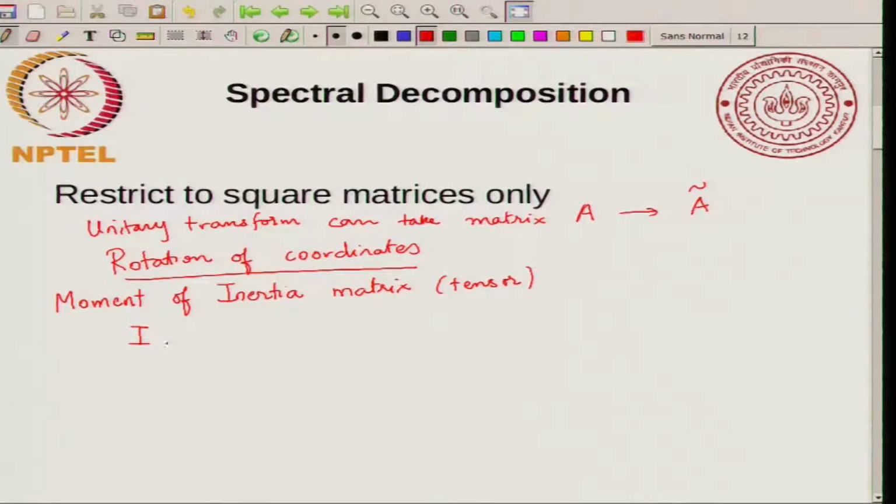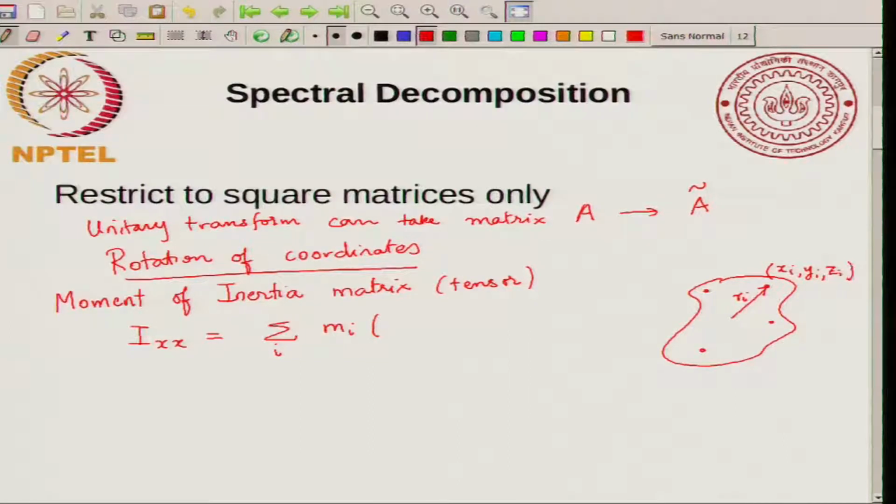What we are thinking is that you have a rigid body, and it has various point masses, located at some coordinates r_i, and each point mass has x_i, y_i, z_i.